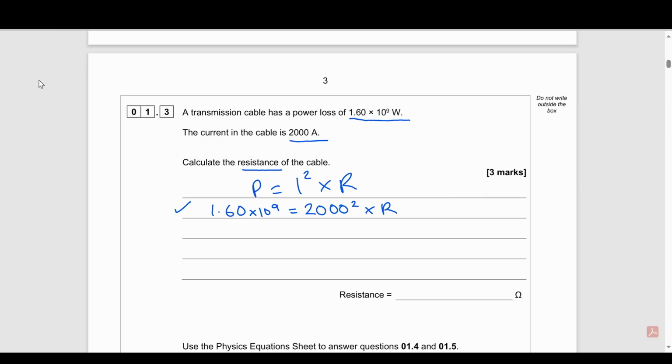So all we need to do to rearrange then would be 1.60 times 10 to the power 9 divided by 2000 squared, and that will equal our resistance. So putting that into our calculator generates an answer of 400 ohms.